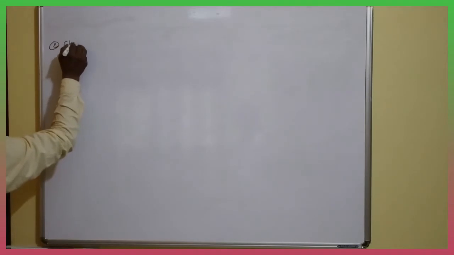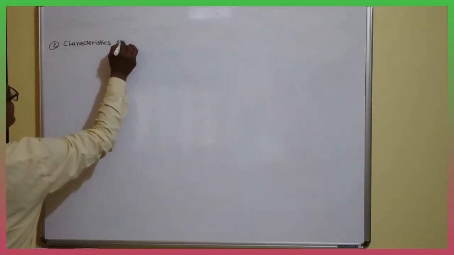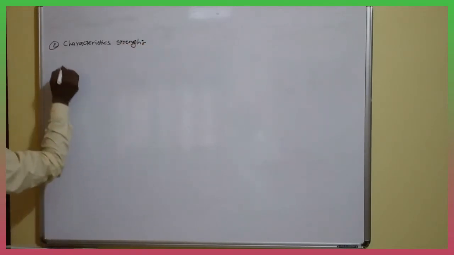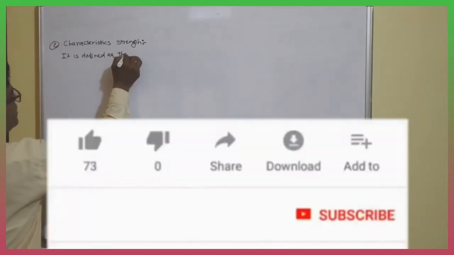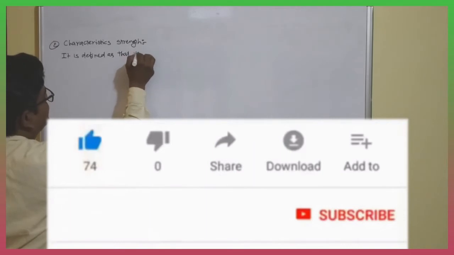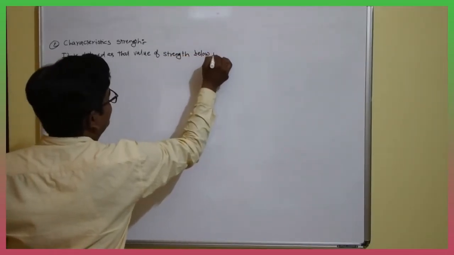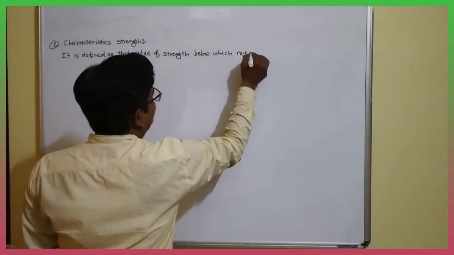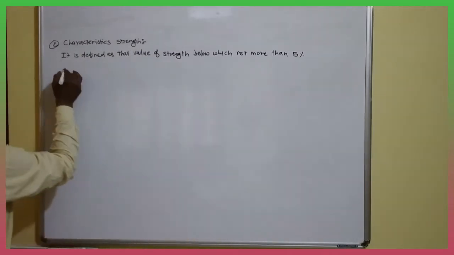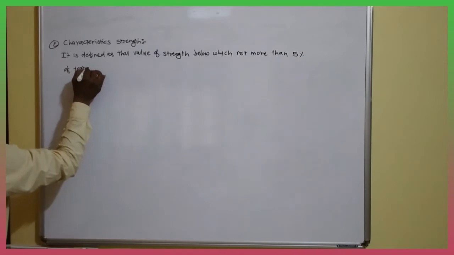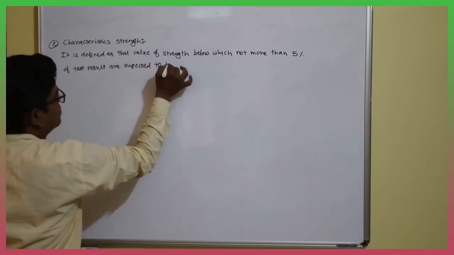Next property, characteristic strength. So it is defined as that value of strength below which not more than 5% of test results are expected to fall.